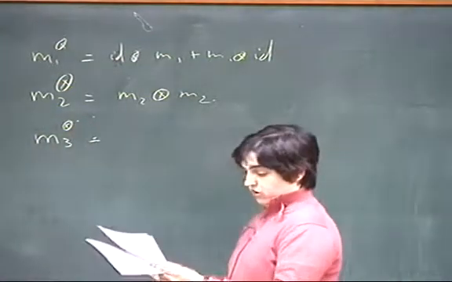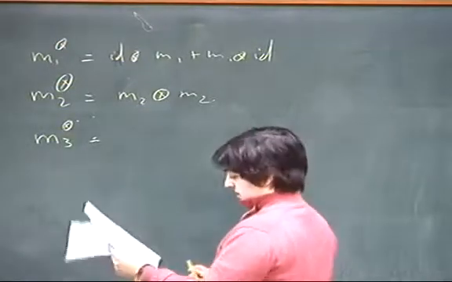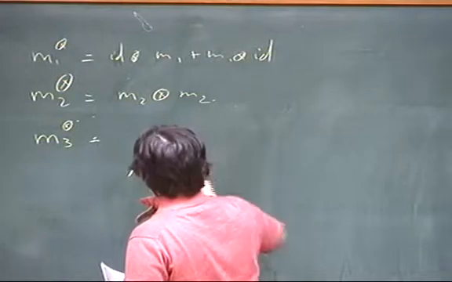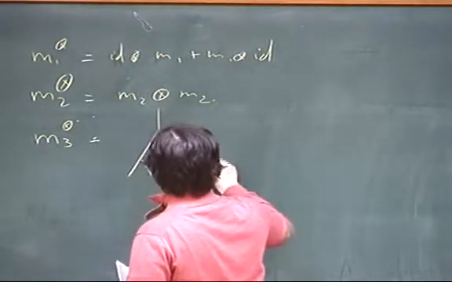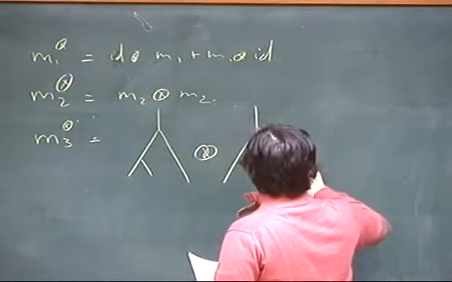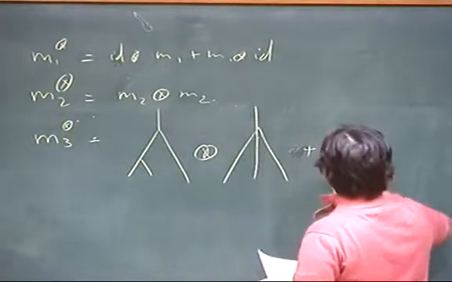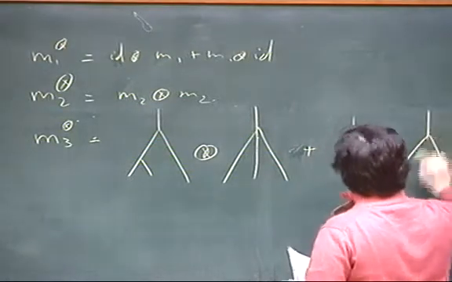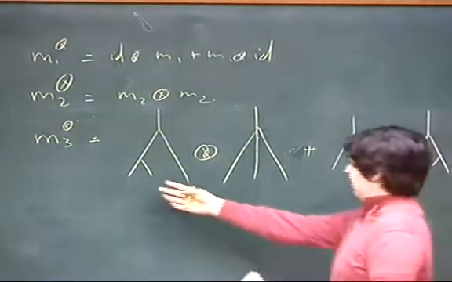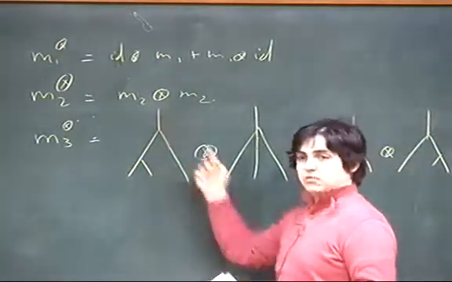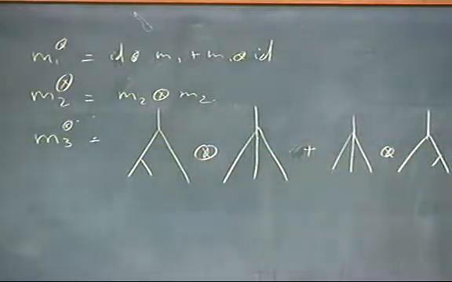So now I'll use trees to denote the operations. For some reason my trees are upside down. What I mean by this is that on the left side you apply M2 to the first two and then take the result and apply M2, and here you apply M3 directly.